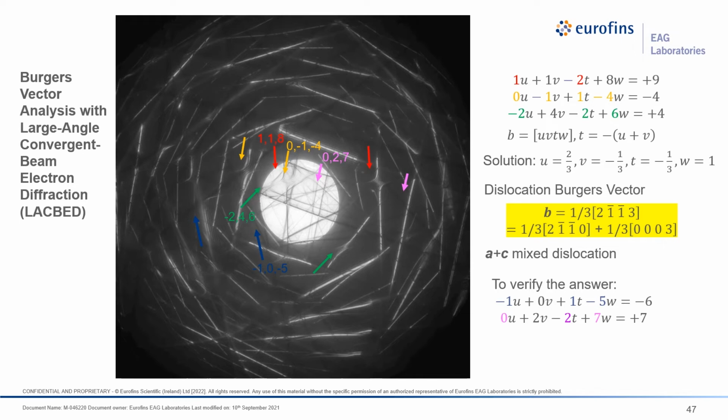In this case, the Burgers vector is 2 1 1-bar 1-bar 3. So you can tell this is the a direction and this is the c direction, and now you know that the Burgers vector is an a plus c mixed dislocation. So it's a very precise measurement.